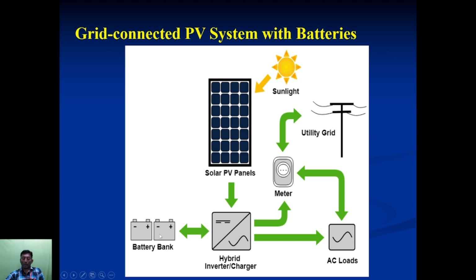After the batteries are withdrawn to a very minimum or low level, meaning completely discharged, we can get the electricity from the grid. Otherwise we can get the electricity from the stored battery, but this increases the overall cost.